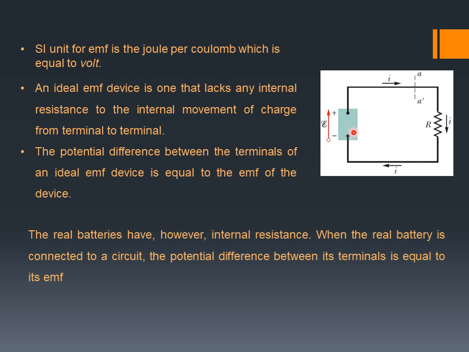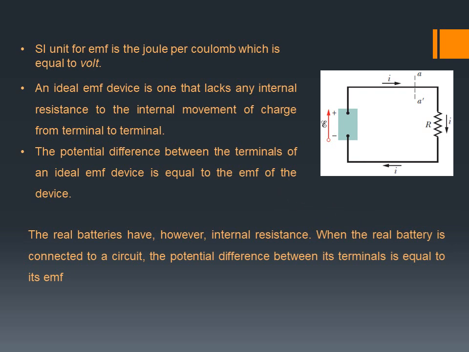So real batteries have some internal resistance. When the battery is not connected to the circuit, I think I stated it the other way around earlier. When the batteries are not connected to the circuit, when it is just lying in isolation, then the EMF and the potential difference between its terminals are equal.